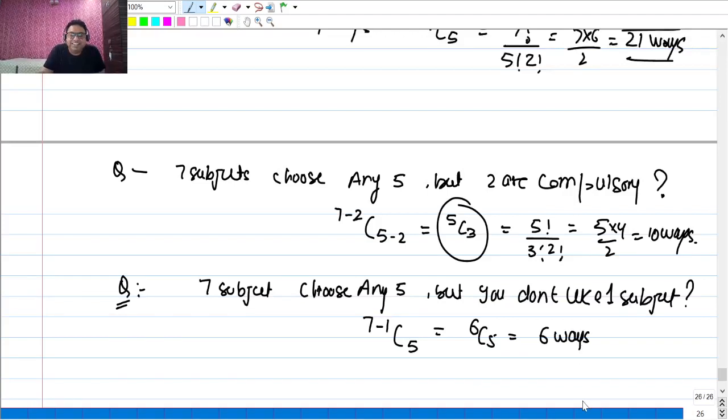Got it now? This is all conditions, isn't it? 6C5. No, not 6C4. You have to take 5 subjects. Now you don't like one, so you're left with only 6 choices, and out of 6, you have to make 5. 6C5. Got it?